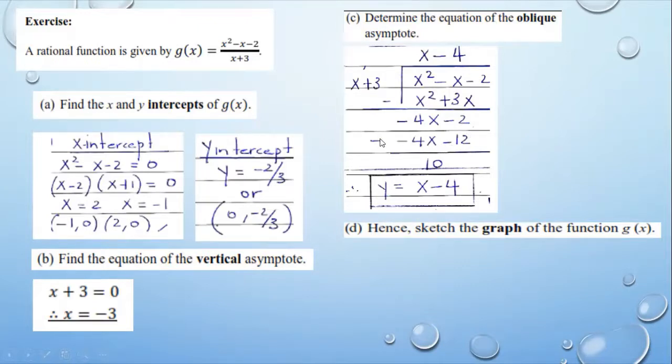And then you subtract. Negative 4x minus negative 4x is 0. And then negative 2 minus negative 12 is positive 10. So this 10 is the remainder. You don't have to worry about the remainder. Your answer will be y, because we have to find the equation only. So the answer will be y is equal to x minus 4.